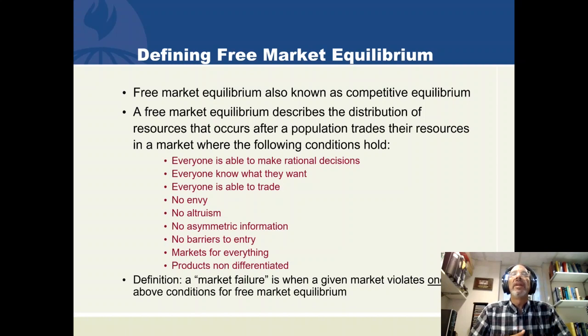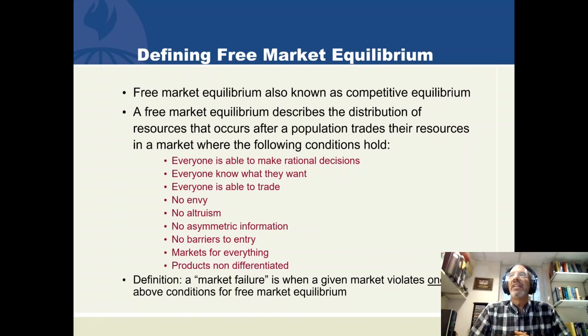And if we bring these conditions into society and let people start trading, if we allow everybody to make rational decisions, if we give them the opportunity to know exactly what they want, give them the ability to trade and full opportunities to trade, no discrimination, no barriers to trade for anybody in the society, we forbid them from having envy and altruism and make them care about how their trading will affect somebody else and keep them selfish.